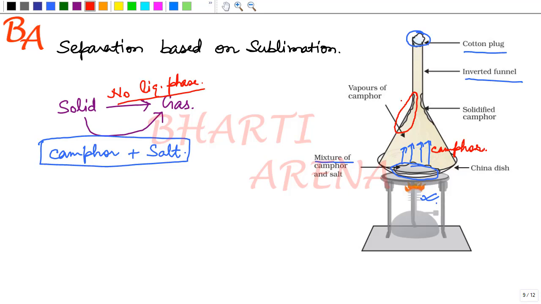So this is actually solidified camphor, and here the salt will remain. Thus salt is separated from camphor. This inverted funnel technique is used for separating a sublime substance from a non-sublime substance in a mixture.